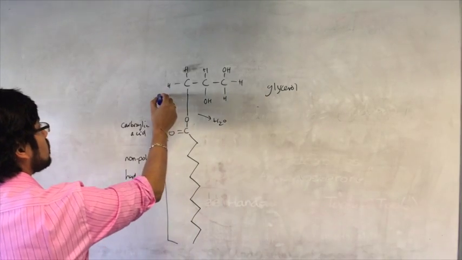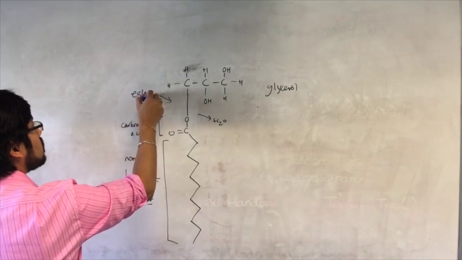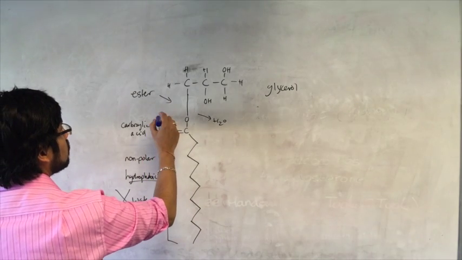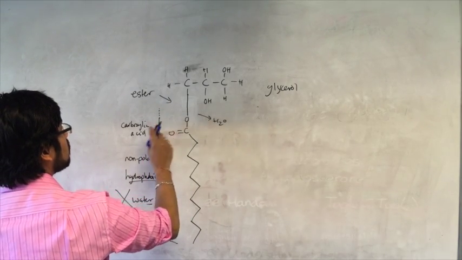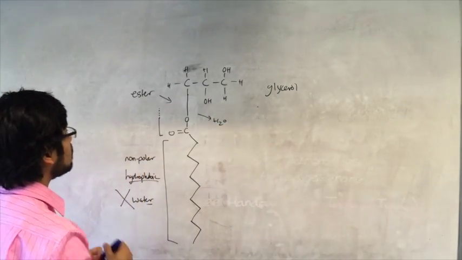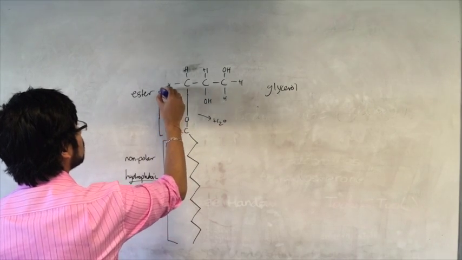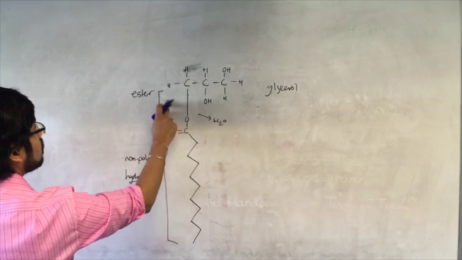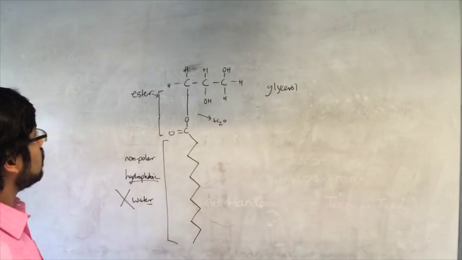That bond is called an ester bond. Now we've lost the carboxylic acid, so it's no longer a carboxylic acid. This is called an ester bond.